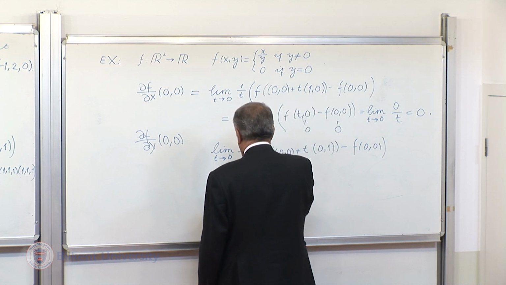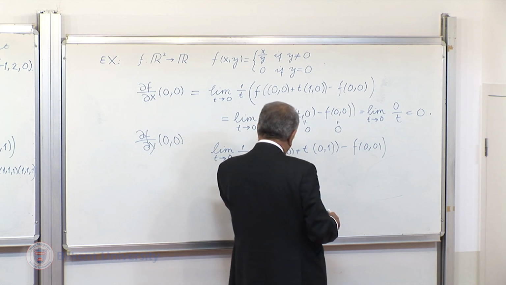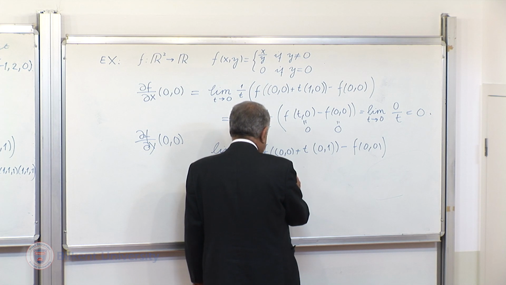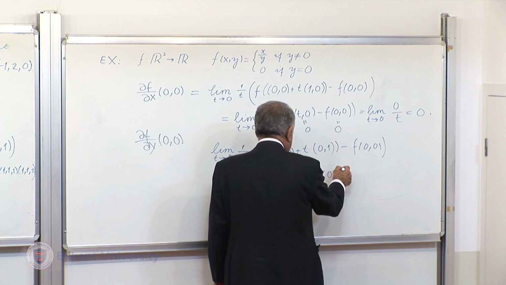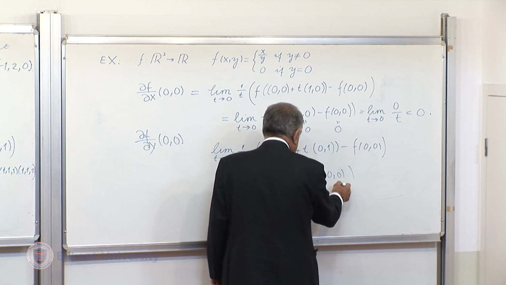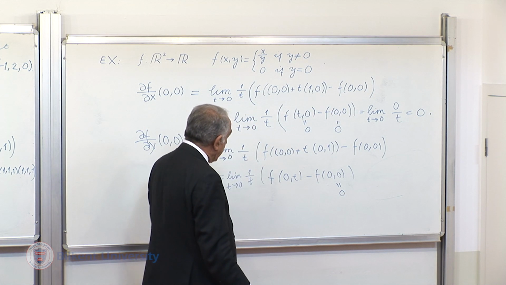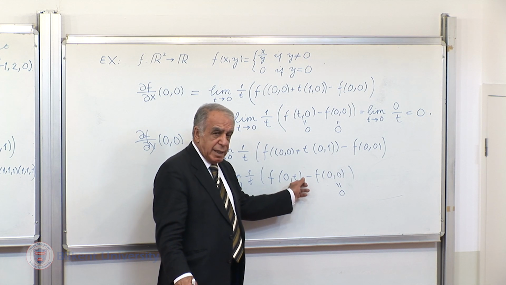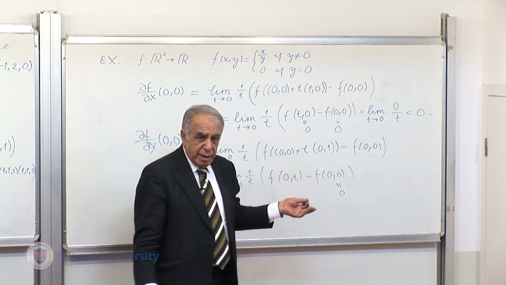So this is equal to the limit, 1 over t, t tending to 0. This time, this is f of 0t minus f of 0, 0. Now this is equal to 0 since, well, here the second component is not 0, it's t, but in that case it's x over y, 0 over t.